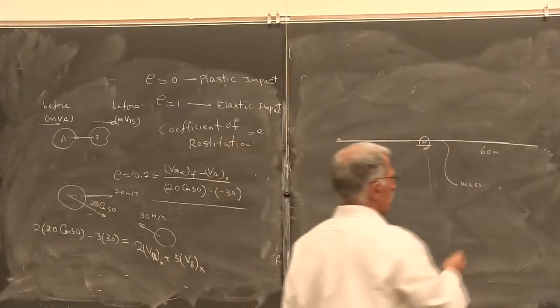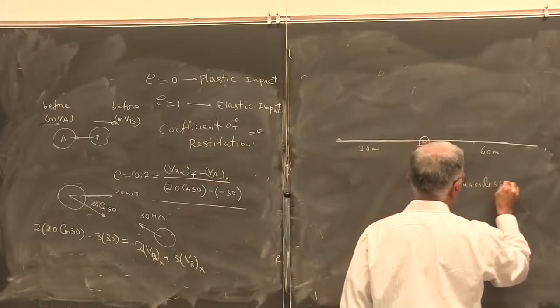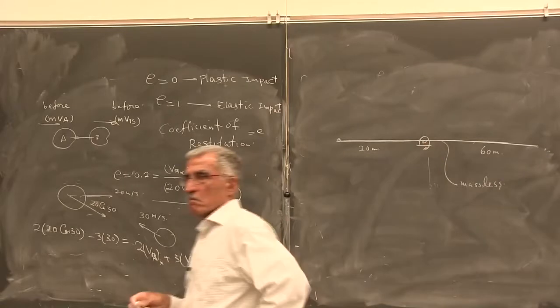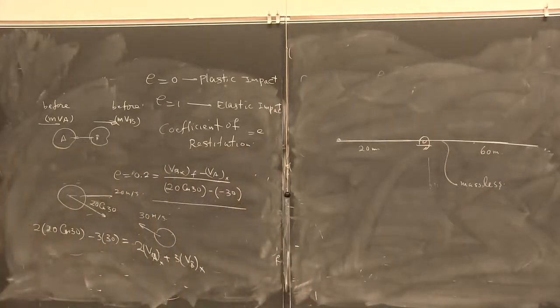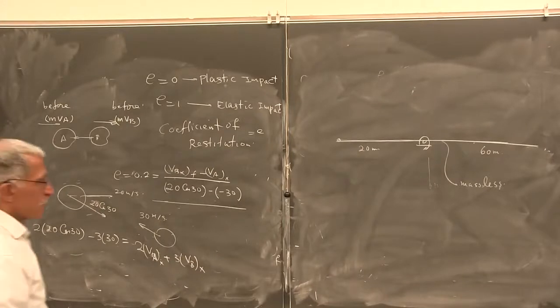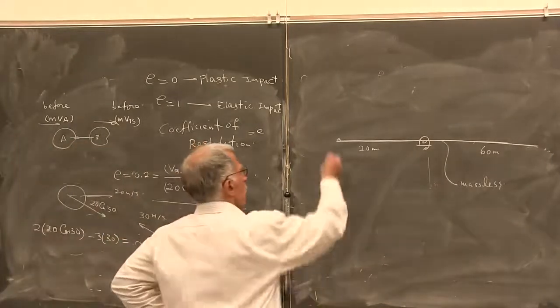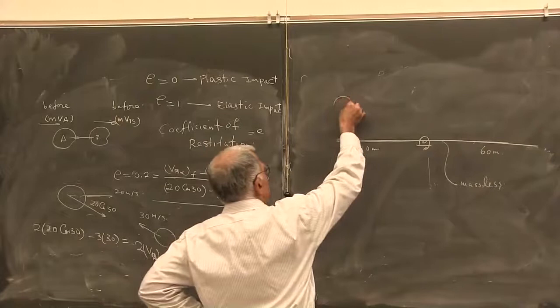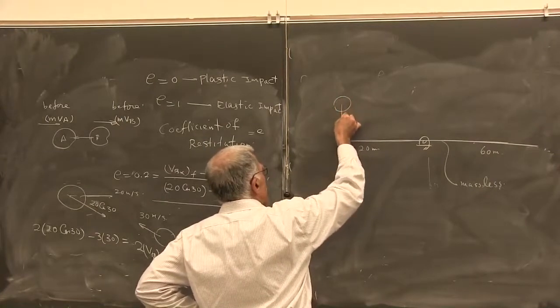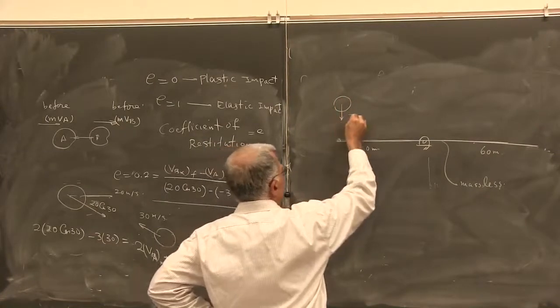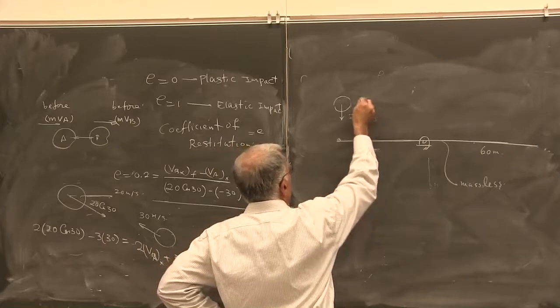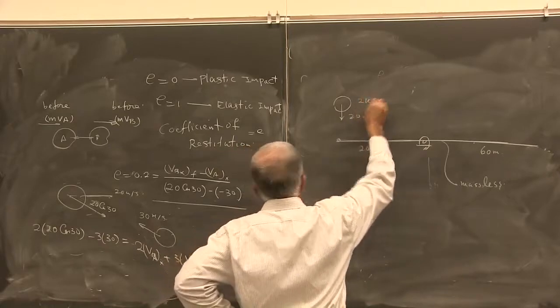Let's say that we have this one massless. And this particle is coming down with a velocity of 20 meters per second down, and the weight of this one is 2 kilograms.